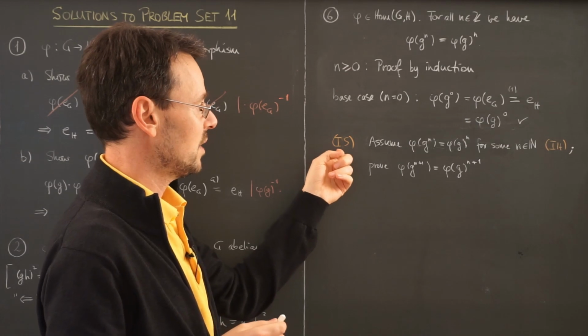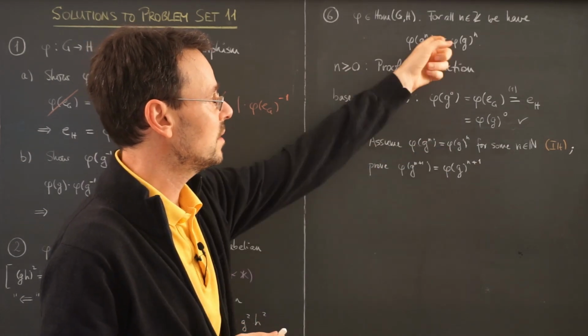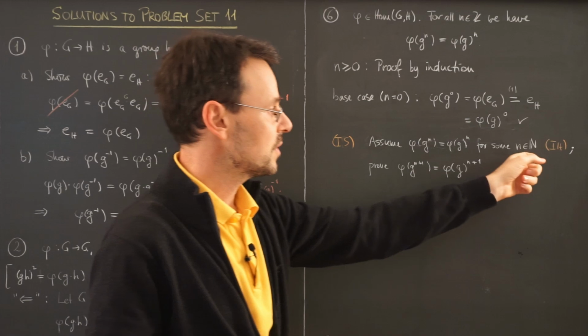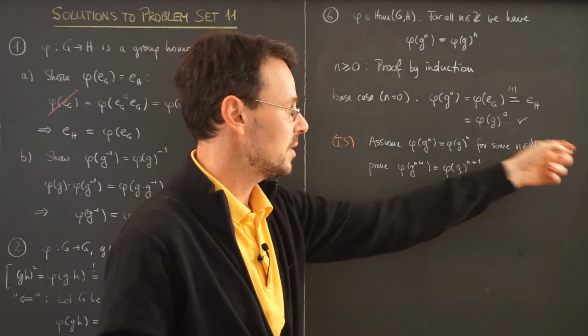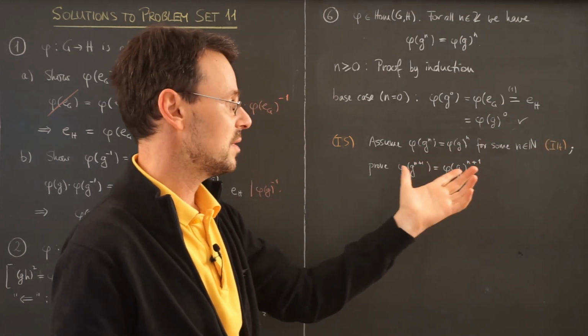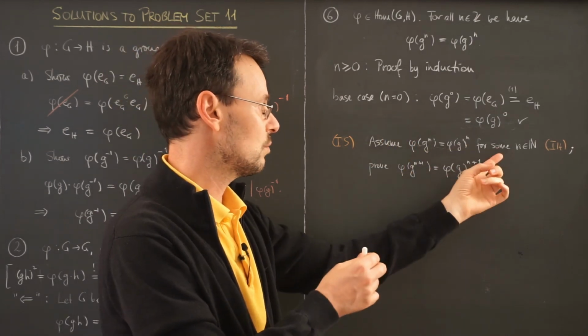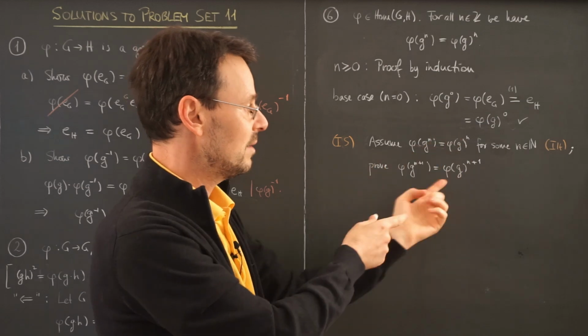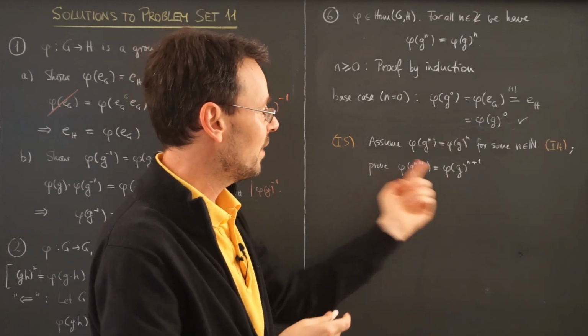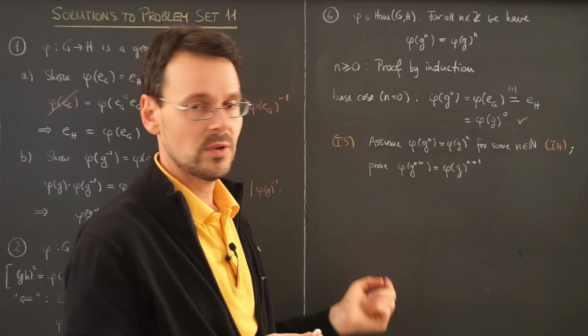Now, the inductive step. We assume that this here is true for some natural number. This is called the inductive hypothesis. We do not say that it is true, we simply assume it is true and show that then, if it is true, also the statement for n plus 1 is true.